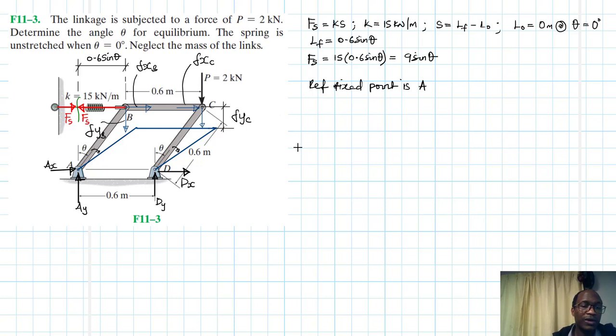So now let's define now the equations that define the positions of our displacement. So this one here, it is from this point, from A to B, from there to there. Okay, this is one.